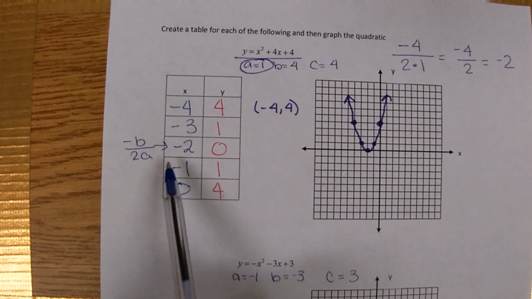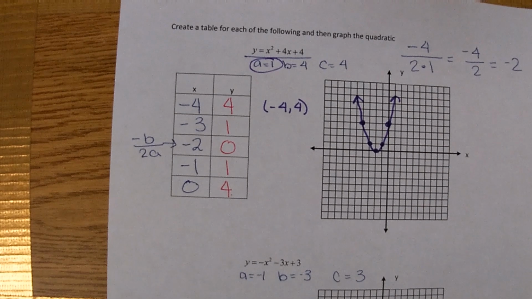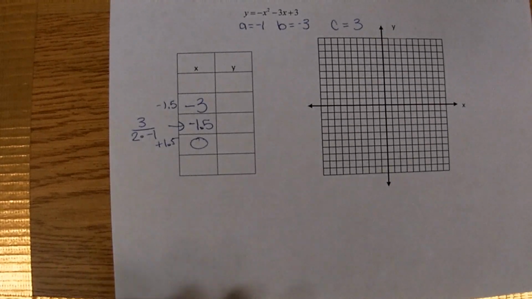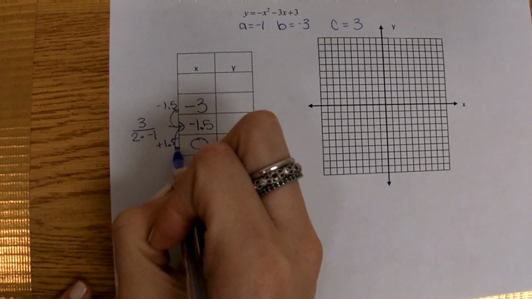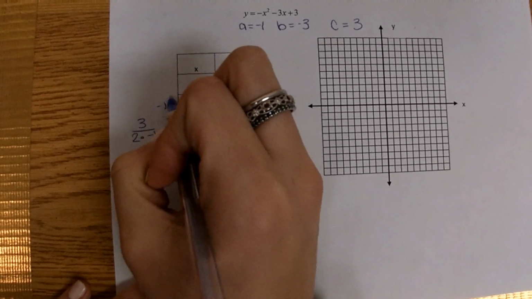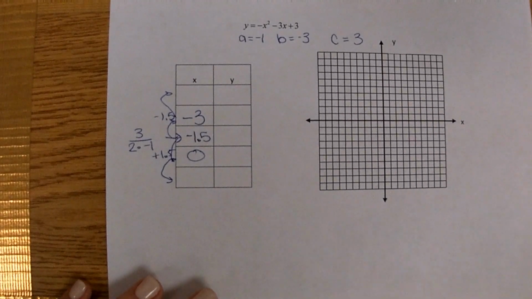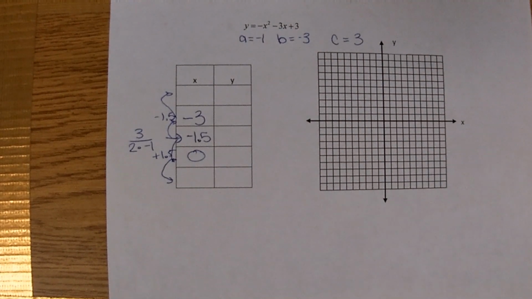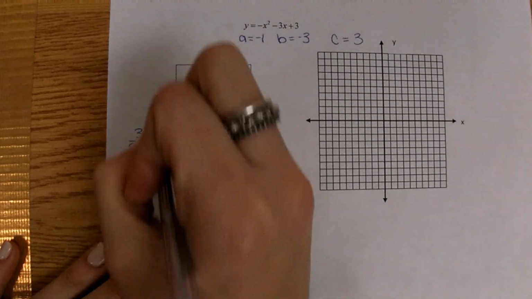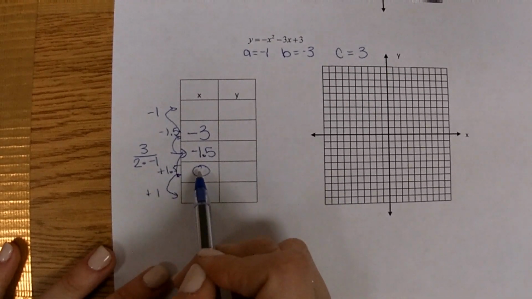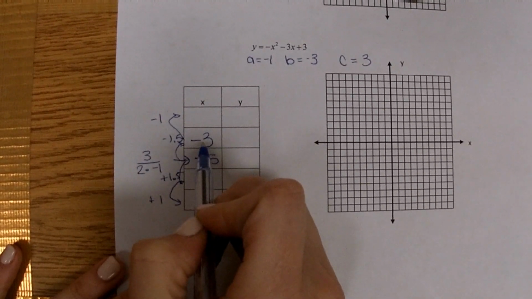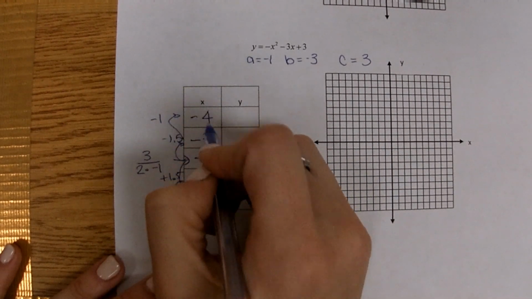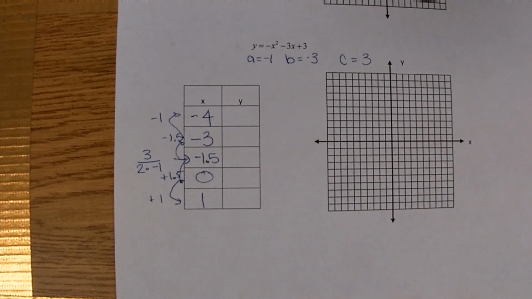So even though up here I repeated the same process because it was easy, what's going to be easier here is that on this first jump we did 1.5, but now that we're away from the fraction, on the next jump let's go back to 1. So now let's add 1 and subtract 1. So 0 plus 1 is 1, and -3 minus 1 is -4.